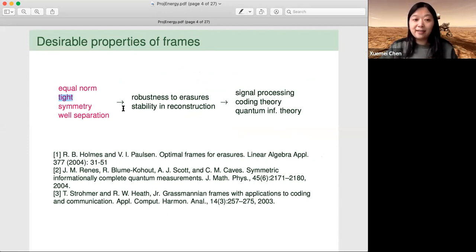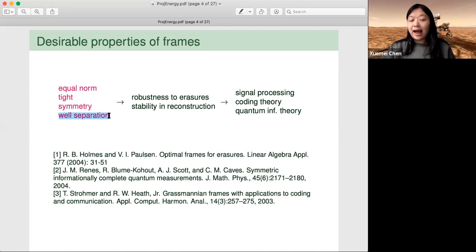I was talking about how a tight frame is a desirable feature for frames, and there are many others. It might be good if the norms of each frame vector are equal or more or less similar. Sometimes it's also good to have a certain kind of symmetry within your frame vectors, and often we have seen that a lot of nice ones resemble certain kinds of symmetry, whether in terms of geometry or certain group actions.